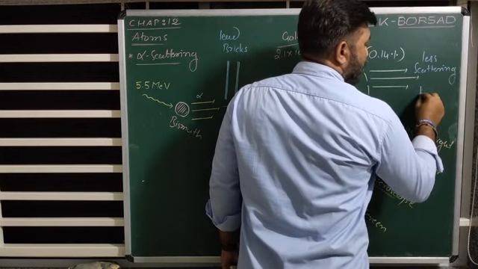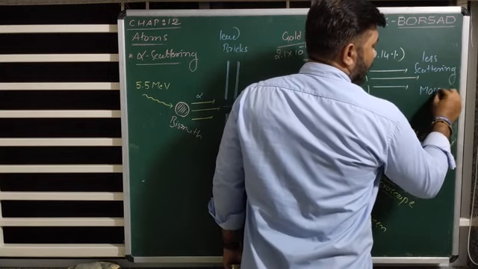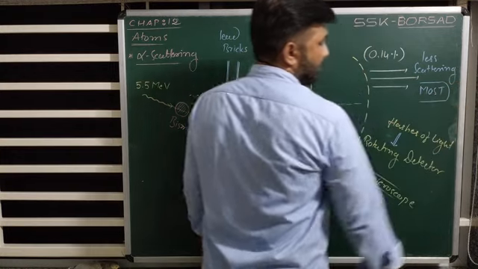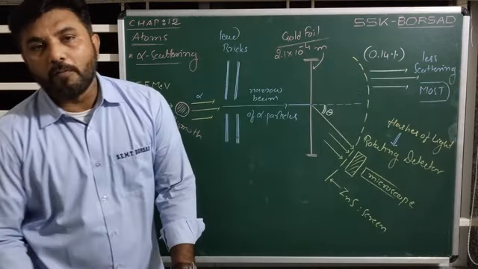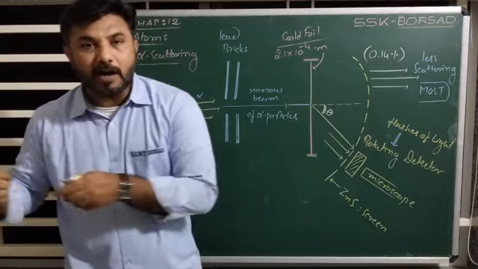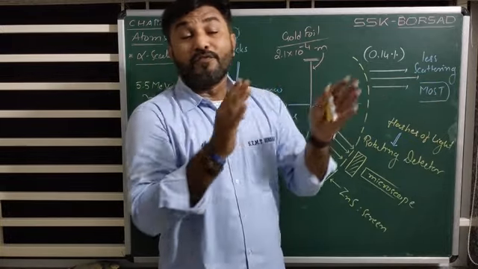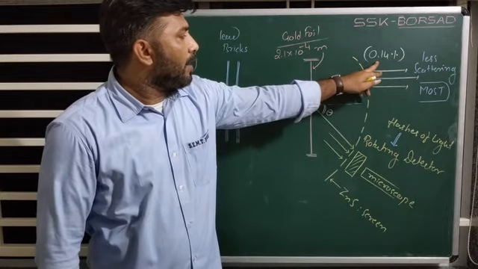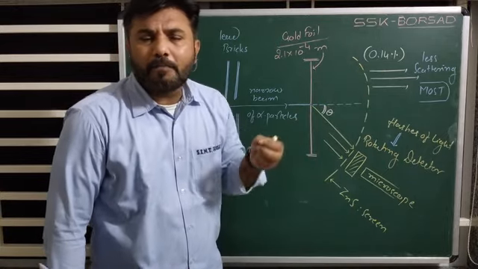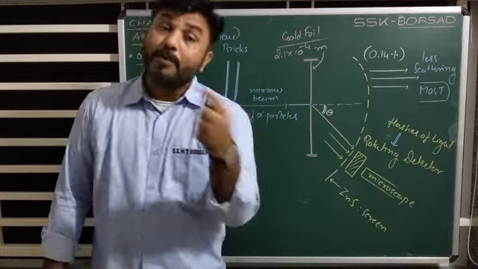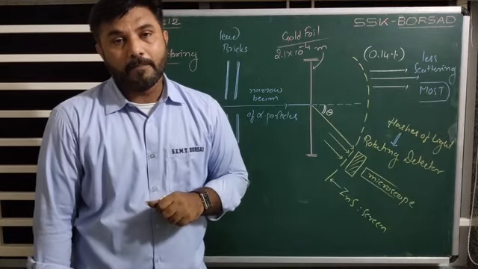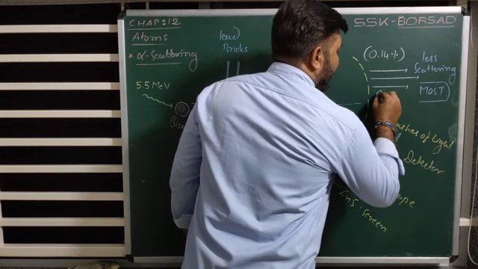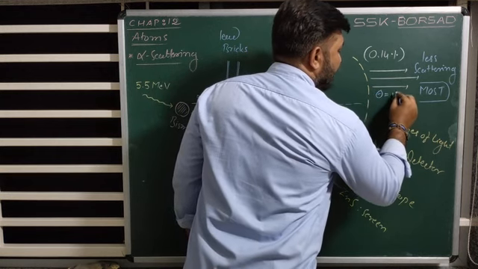For most of the alpha particles, means almost all the alpha particles are going straight without any scattering. Only 0.14% of alpha particles from the total is scattered, and at that time scattering angle theta is how much?